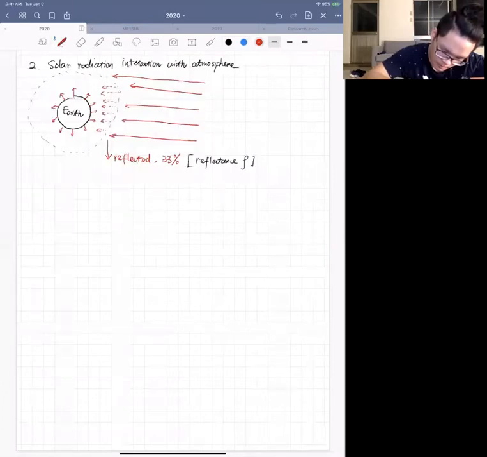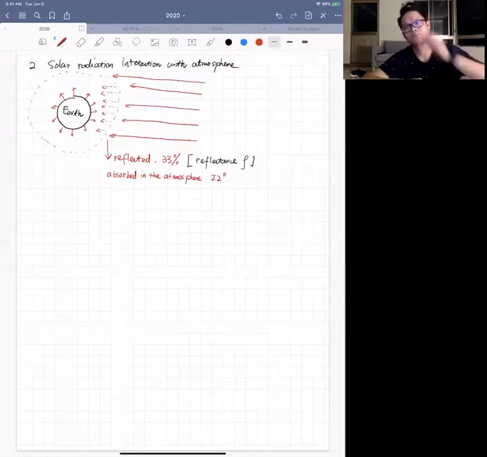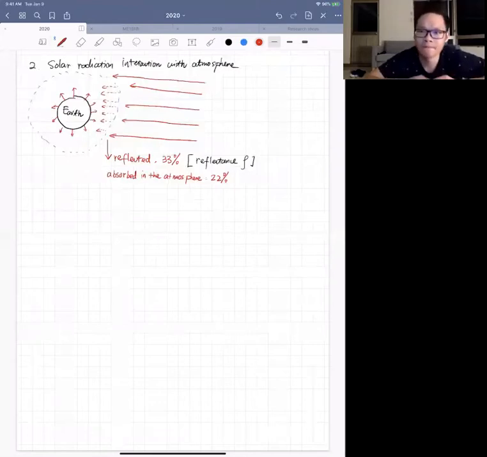So the solar radiation is further reduced due to absorption in the atmosphere. In this case, it's about 22%. This is called the absorptance of the atmosphere. We use the symbol alpha.